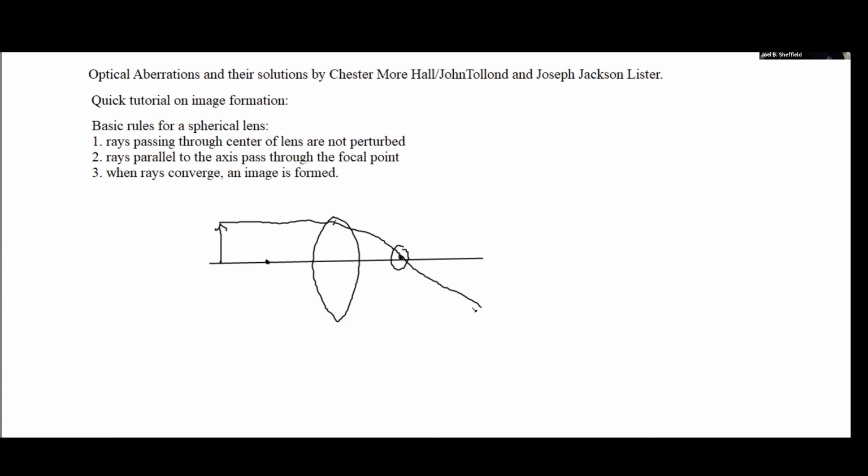So the other part of that is that rays of light that pass through the center of a perfect lens, that's a peculiar concept, okay? But if they pass through the center of a perfect lens, they travel without being bent, without changing their path. So they go straight, and the light that was traveling parallel goes through the focal point.